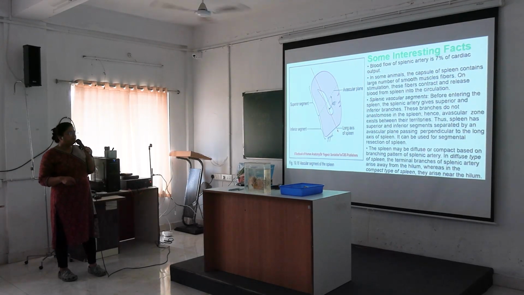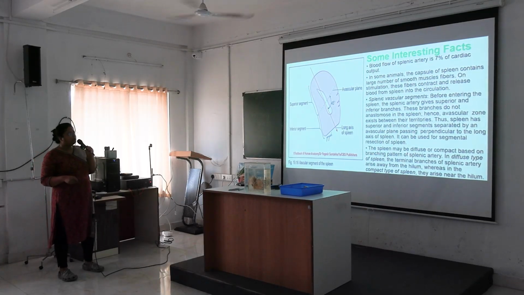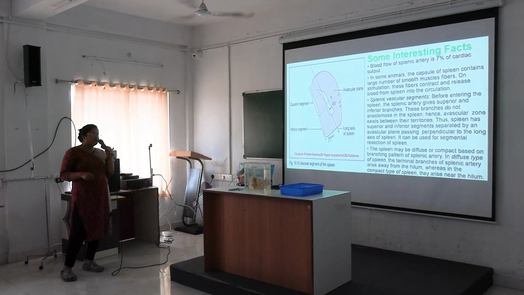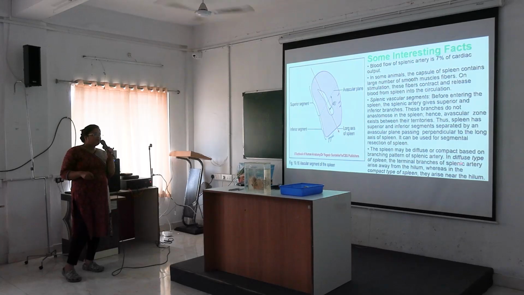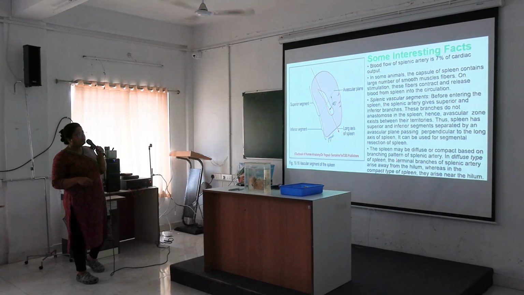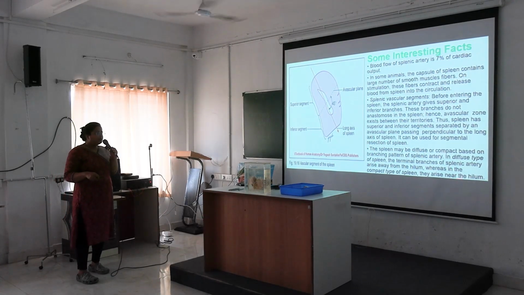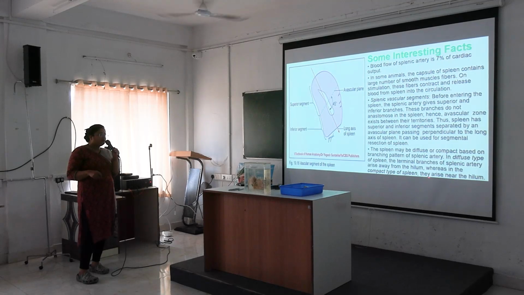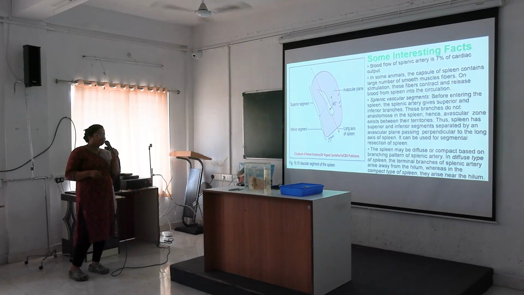And the spleen may be diffuse or compact based on branching pattern of the splenic artery. In diffuse type of spleen, terminal branches of splenic artery arise from the hilum, whereas in compact type of spleen, they arise near the hilum.